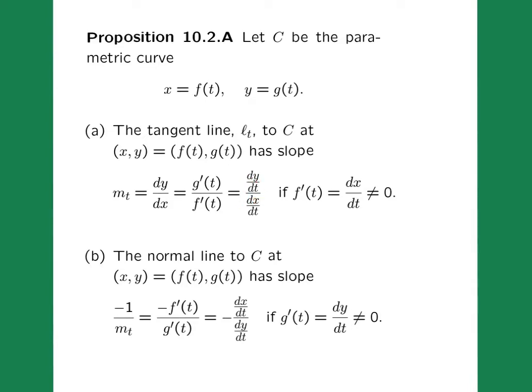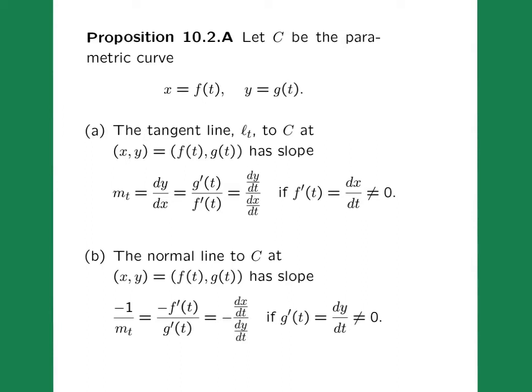They're not numbers, they're just symbols, but the symbolism works extremely well, is my point here. If they were numbers, this would look like dy dt times dt over dx. Those dt's would cancel, and you'd be left with dy dx. So what is dy dx? It's just dy dt over dx dt. I think the Leibniz notation really helps us remember that.